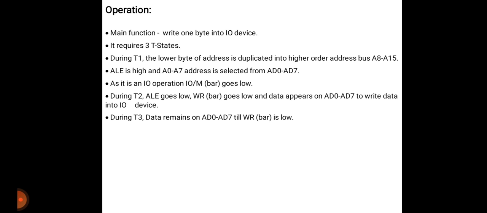Then during T2 state, ALE goes low, means logic 0, then WR bar goes to logic 0, and data appears on the AD0 to AD7 to write the data into the input output device. Then the last state is T3 state. During T3 state, data remains on AD0 to AD7 till WR bar is low, means logic 0.